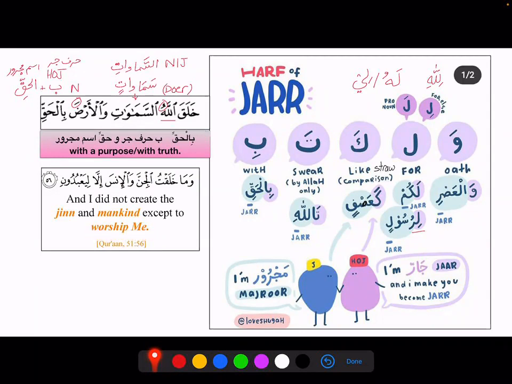And worship does not mean just doing your salah and reading Quran and doing Hajj once in a life, and these are the purpose of our creation. Rather, this ibadah, this worship is all 24/7.